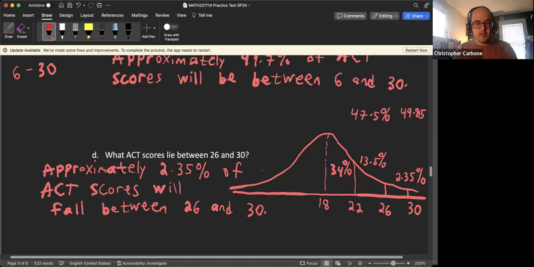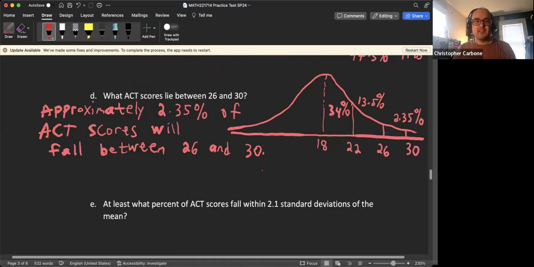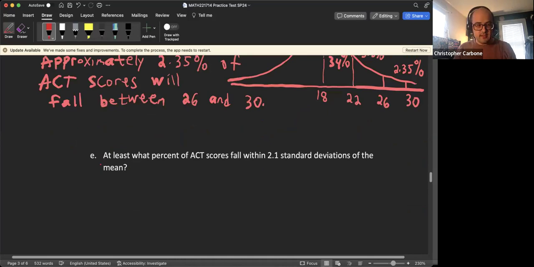And for the fifth part of this, at least: what percent of ACT scores fall within 2.1 standard deviations of the mean? Because of this "at least," this is that Chebyshev's inequality.